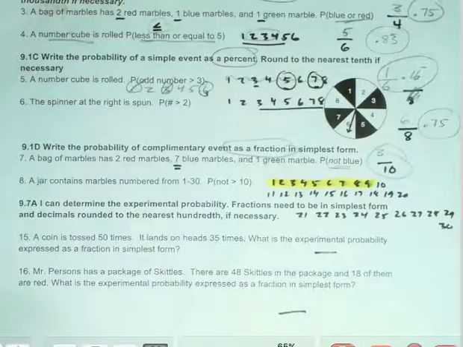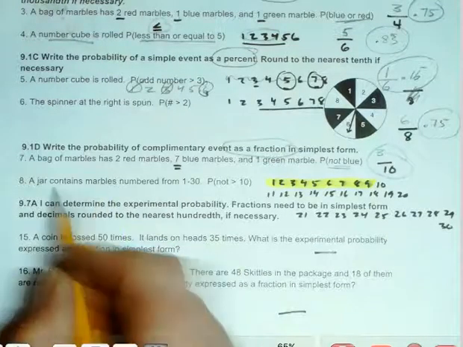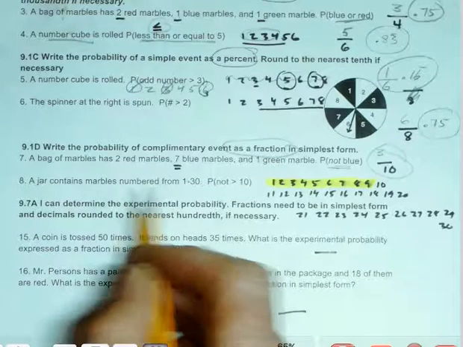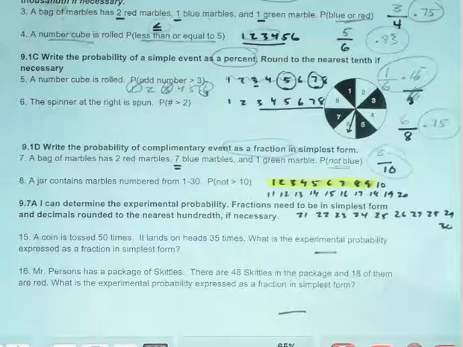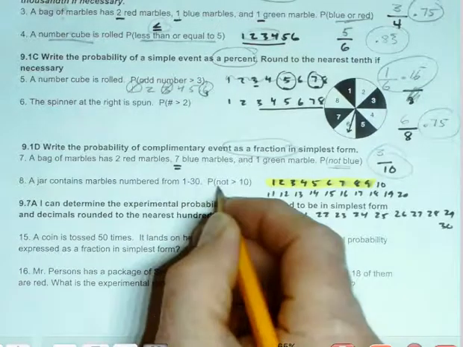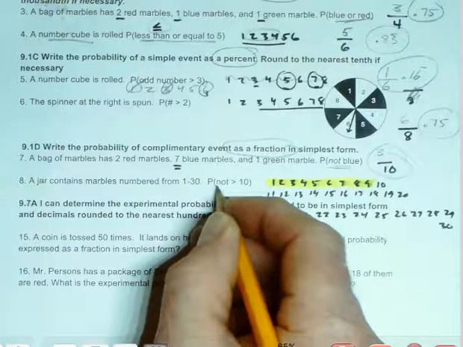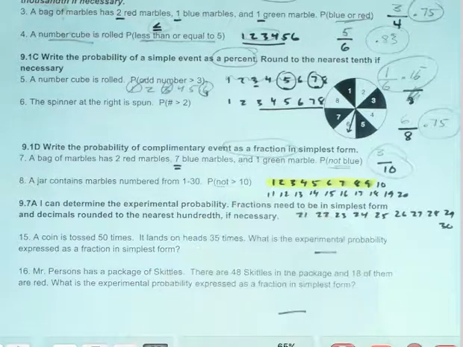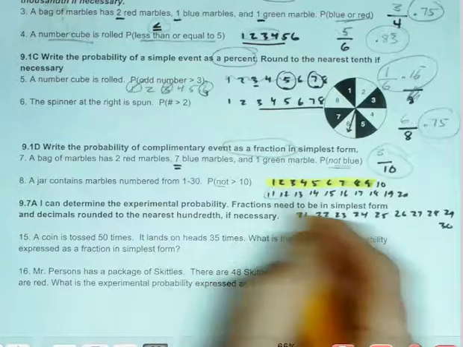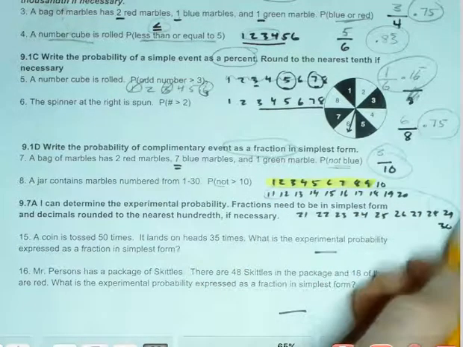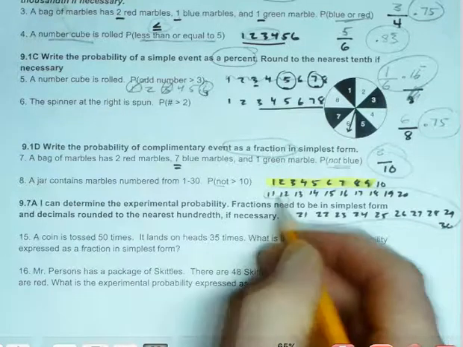All right, this next question here. A jar contains marbles numbered from 1 to 30. And so I numbered everything out here, 1 through 30. So those are my 30 marbles. We're looking for the probability of it not being greater than 10. Well, all of these numbers that I'm circling are greater than 10.